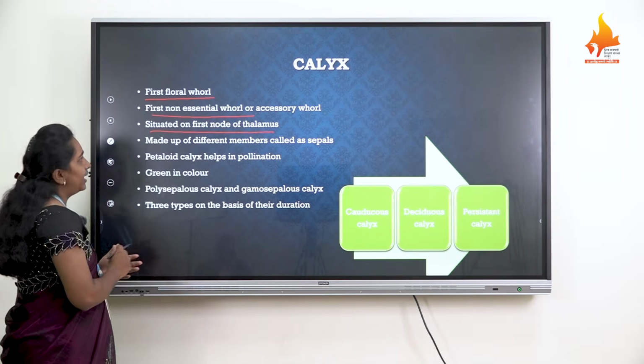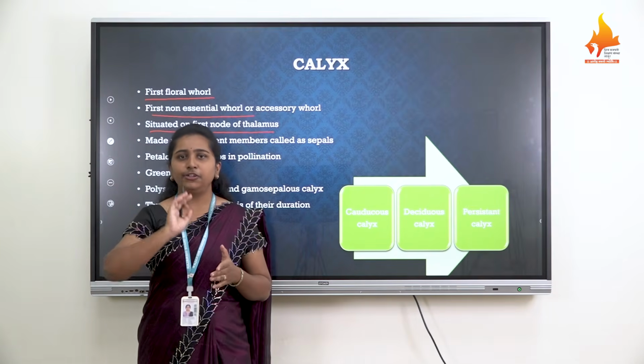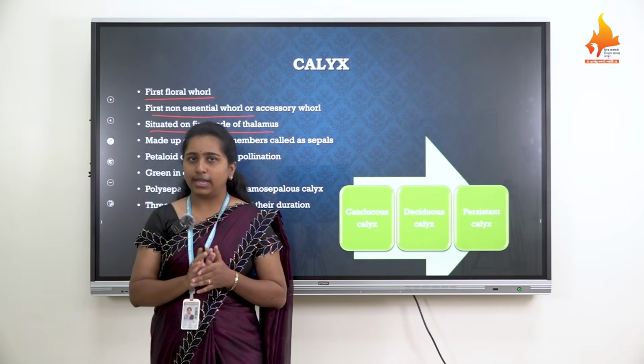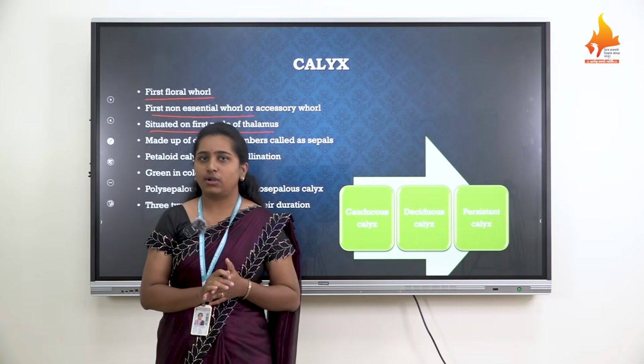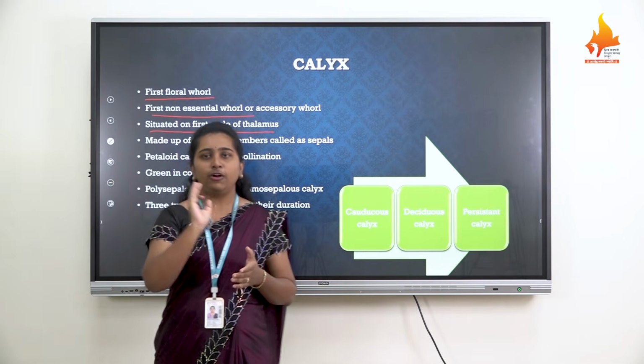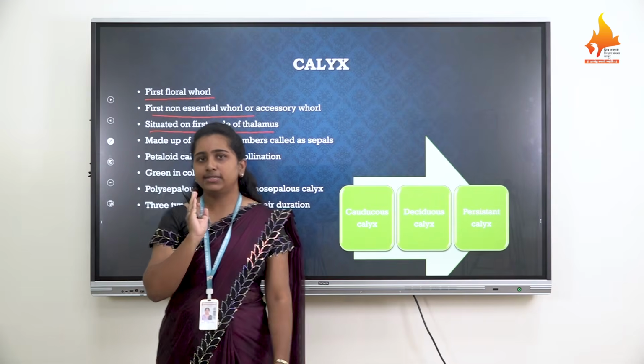Calyx is made up of different members that are called sepals. Sepals are the individual members of the calyx, and a group of sepals is called the calyx, and an individual member of the calyx is called the sepal. On the basis of whether sepals are free or fused, the calyx is divided into two types. First one is polysepalous calyx.